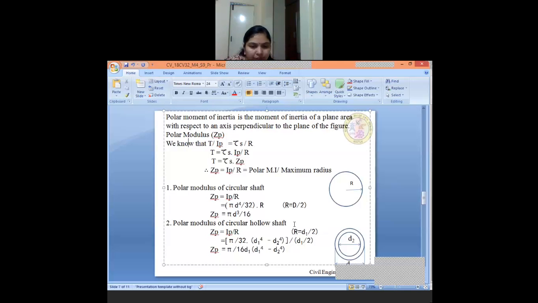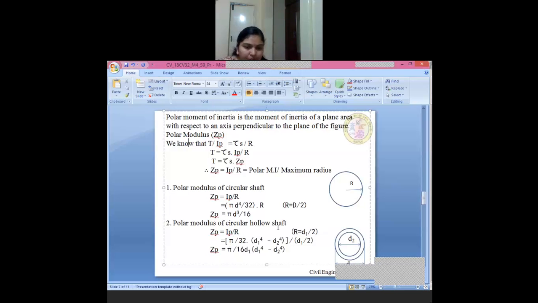Next, let us see what is the polar modulus of a circular hollow shaft. Zp is IP by R again. Here, I will consider the outer diameter D1 and inner diameter D2. So, what will be the total radius? R will be D1 by 2.